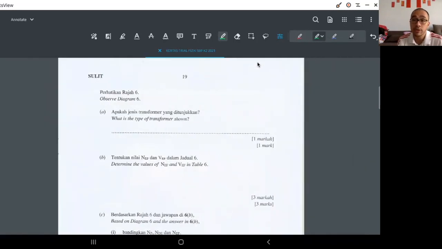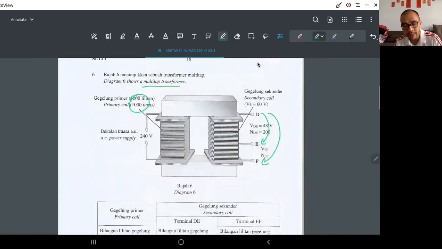What is the type of transformer shown? There are two types of transformers, which is step-up transformer, and the other one is step-down. In this case, you can clearly see one is 240 volts, the other one is 60.